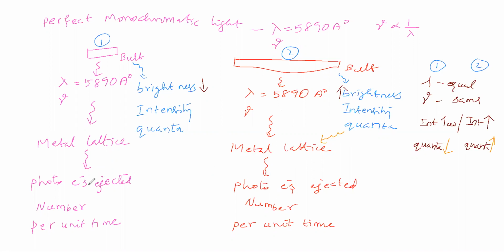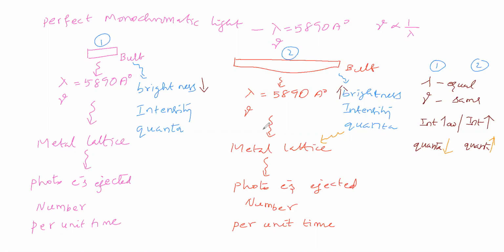So here photoelectrons are ejected, and here also photoelectrons are ejected. Compare the number of photoelectrons ejected on the left side and on the right side. Consider unit time, that means the metal lattice is exposed to this radiation for unit time.